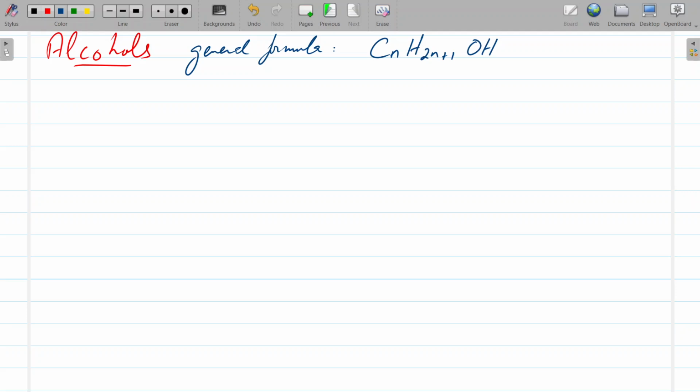The OH is the hydroxyl, and you can also generally represent it as ROH if you're not talking about the exact number of carbons.